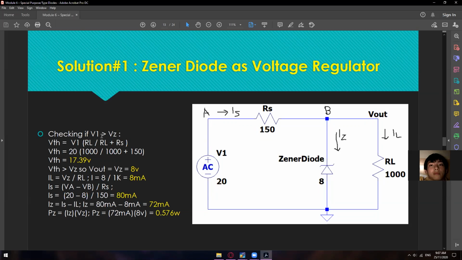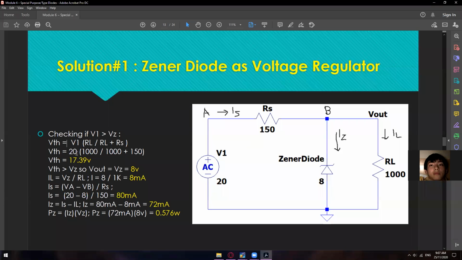But for you to be able to get the exact voltage of the V1, you have to deduct the voltage drop of the series resistance and then the load resistance. For you to do that, you have to apply Thevenin's formula, which is the VTH. So in here we have VTH is equal to V sub 1 times RL divided by RL plus RS.